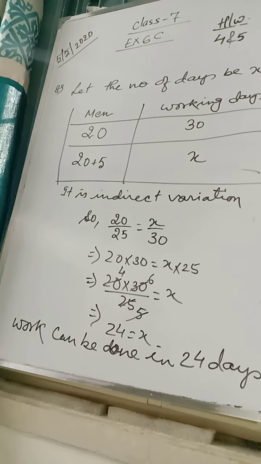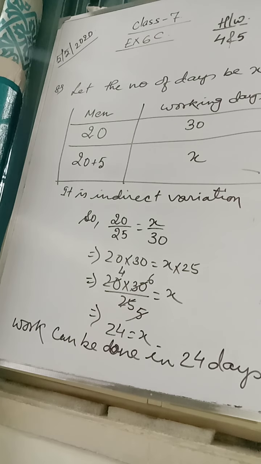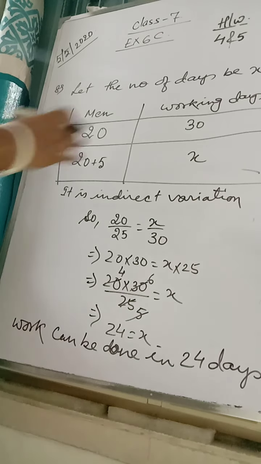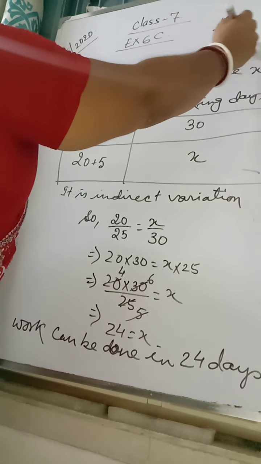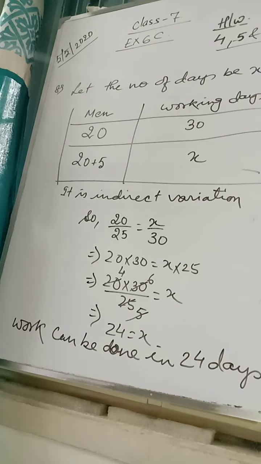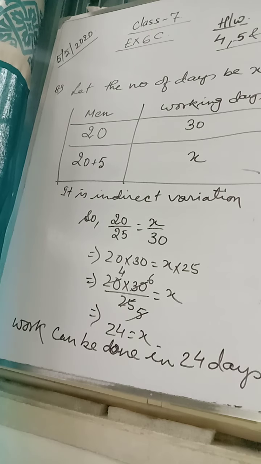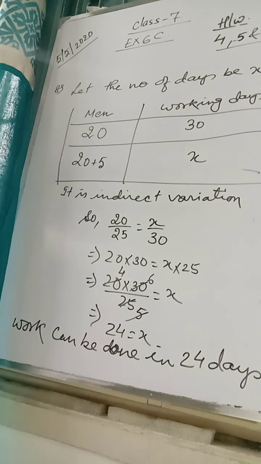That is 4, 5 and 9. Number 10 we'll be doing next day. Today we have done 6 sums and I have given you 3 sums as homework. 4, 5 and 9. All 3 sums are direct variations. So next day we will be doing question number 10 onwards.